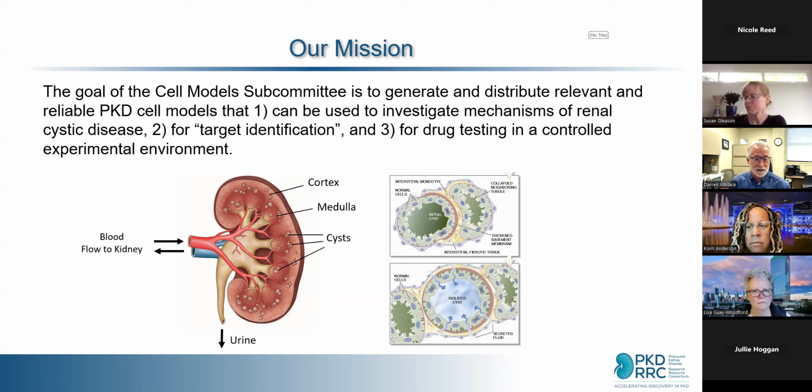And in the process, they release a lot of factors into the space adjacent to the cyst that cause inflammation and ultimately fibrosis. And then most of these structures that form from these tubule epithelial cells become isolated sacs.